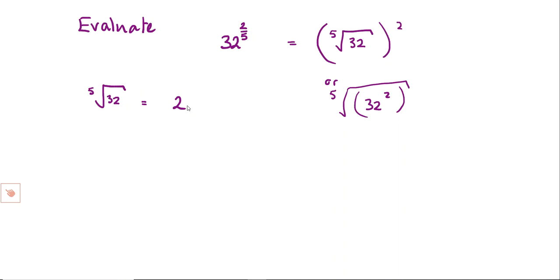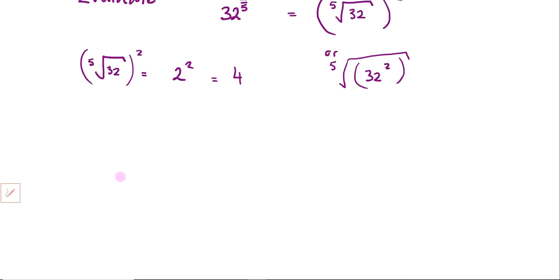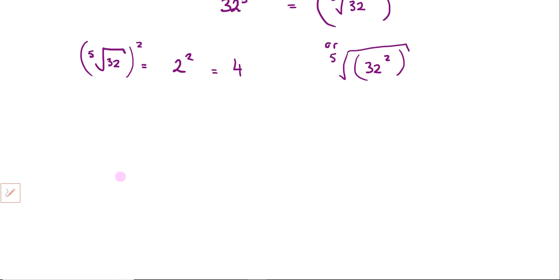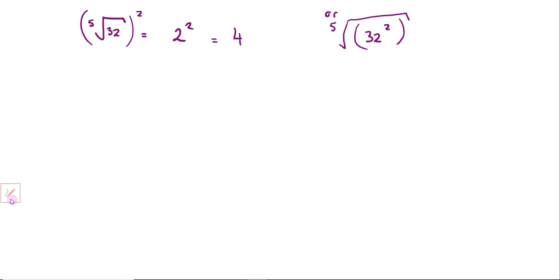So what numbers would be a good idea for you to remember with this kind of stuff? Anything that links to 2, 4, 8, 16, 32, 64, 128, anything like that, you know is a power of 2. Then we've got the 3, the 9, 27, 81.